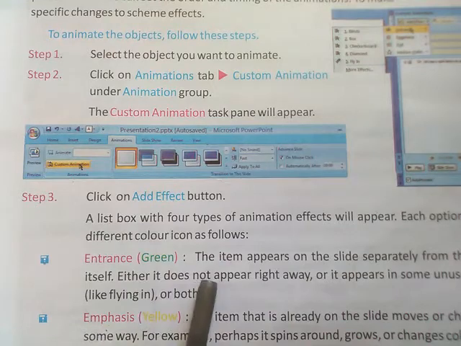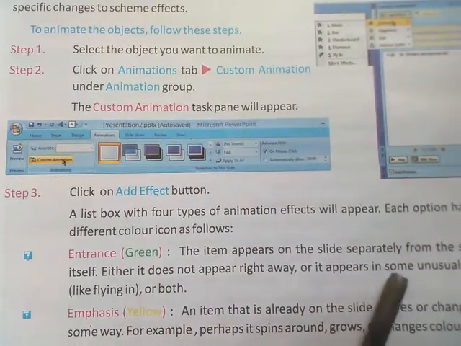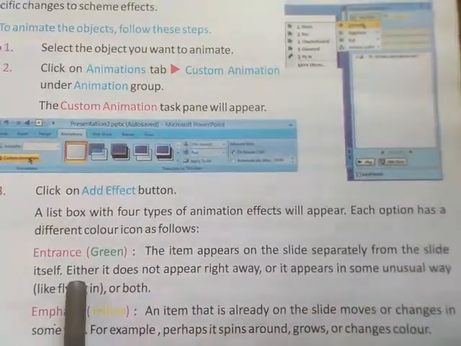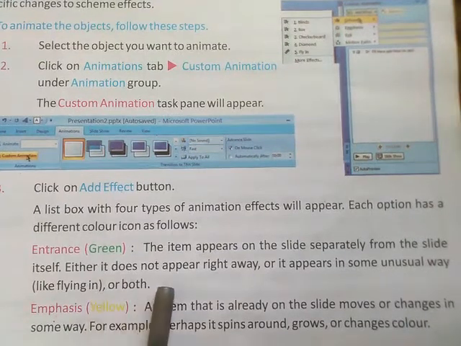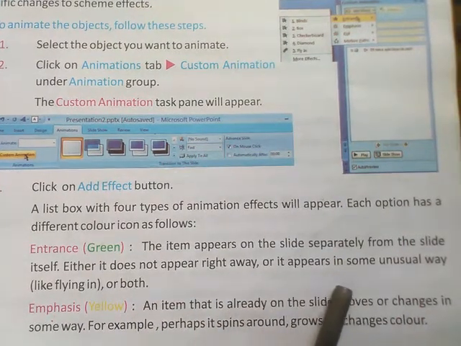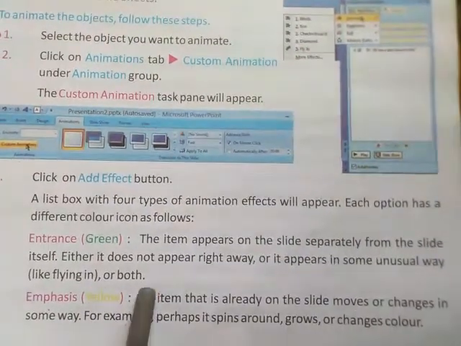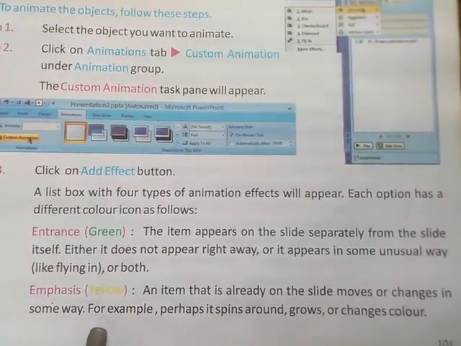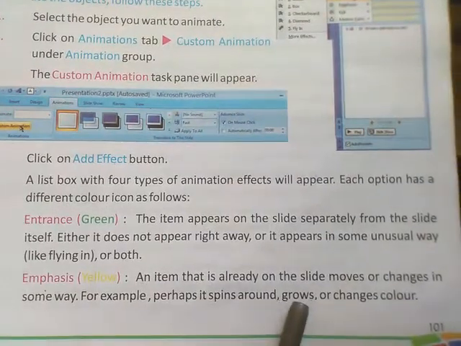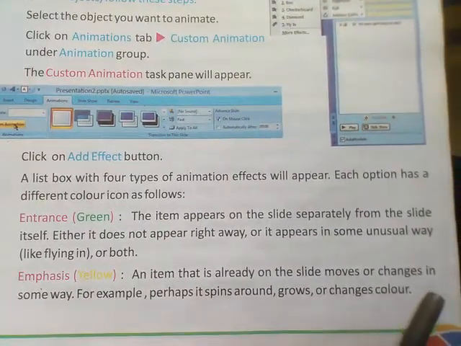Entrance, green. The item appears on the slide separately from the slide itself. Either it does not appear right away or it appears in some unusual way, like flying in, or both. Emphasis, yellow. An item that is already on the slide moves or changes in some way.